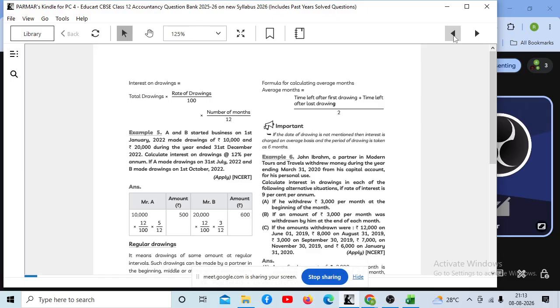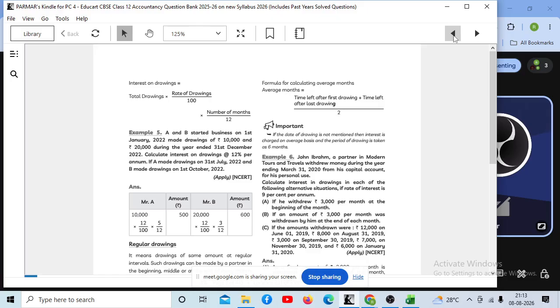example number 5. I am just reading the question. A and B started business on 1st January 2022 and made drawings of 10,000 and 20,000 during the year ended 31st December 2022.